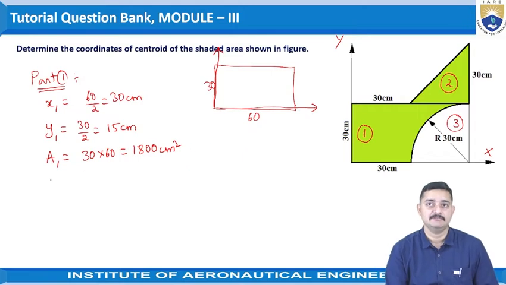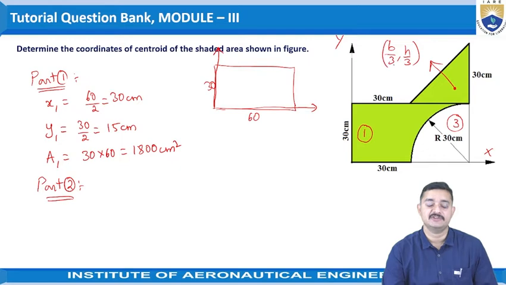Now let us go to the part 2. Here for part 2, let us say the centroid is lying here in this condition, and the distance will be considered in this fashion as b by 3 comma h by 3.